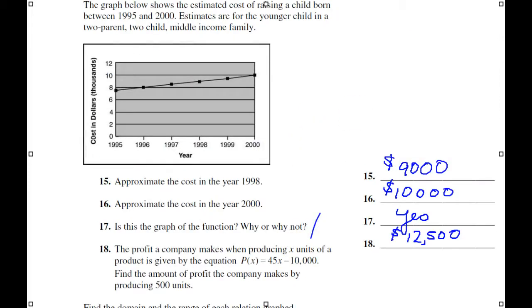Now, looking at these, I noticed a student was working on one of these the other day, and when I looked in, he had said he got the answer wrong. For instance, the approximate cost in 1998, you go to 1998 right here, and you kind of go over here, it's right about there.